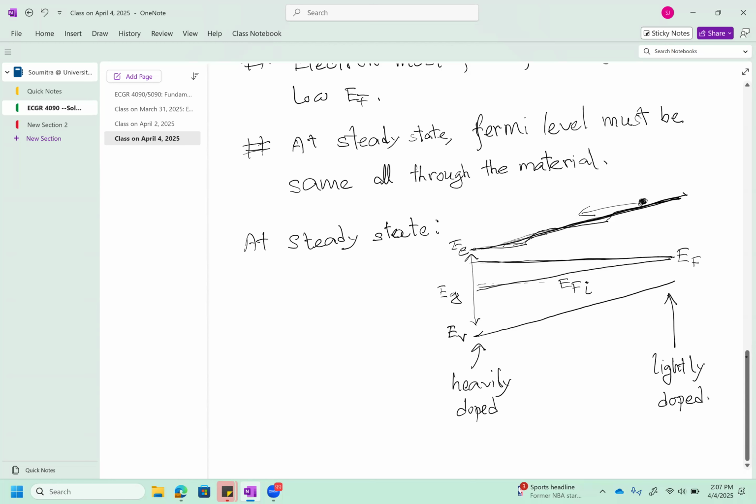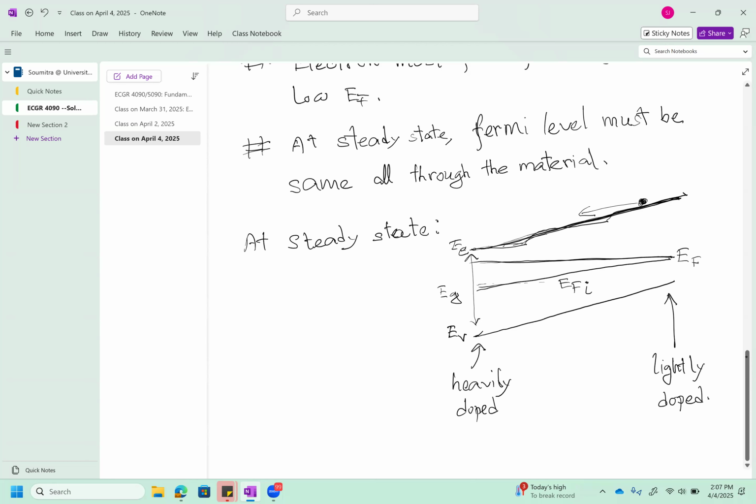Okay, so always remember that whenever you see a curvature of EC, this means that this slope will create a pull for an electron. So electron will always try to go low. Okay, always try to minimize its energy. So you see, in one case I said that at the steady state EF is constant, right?